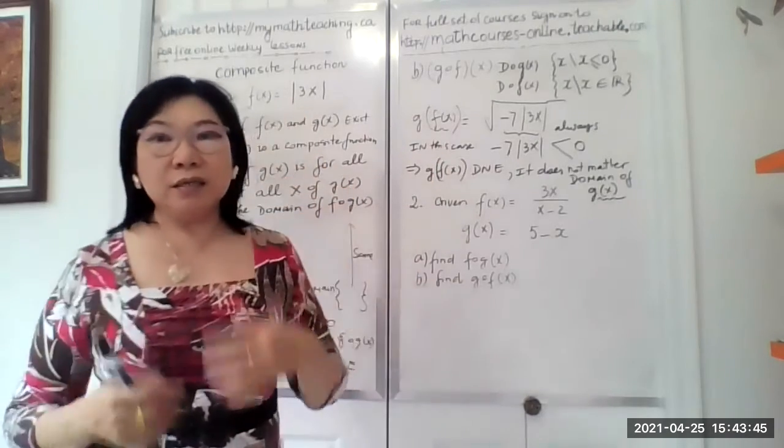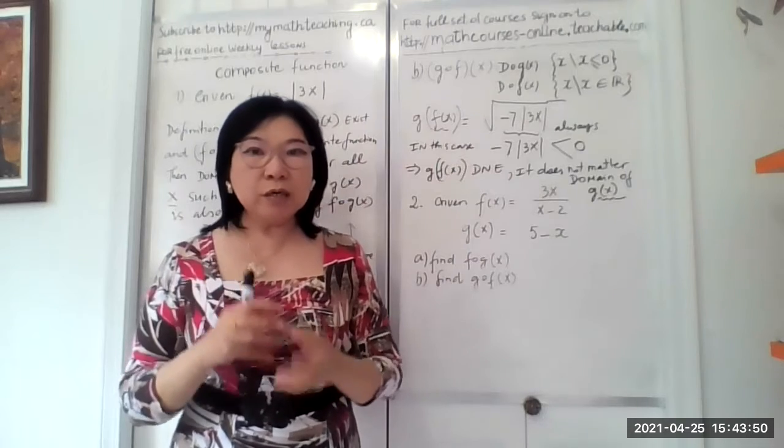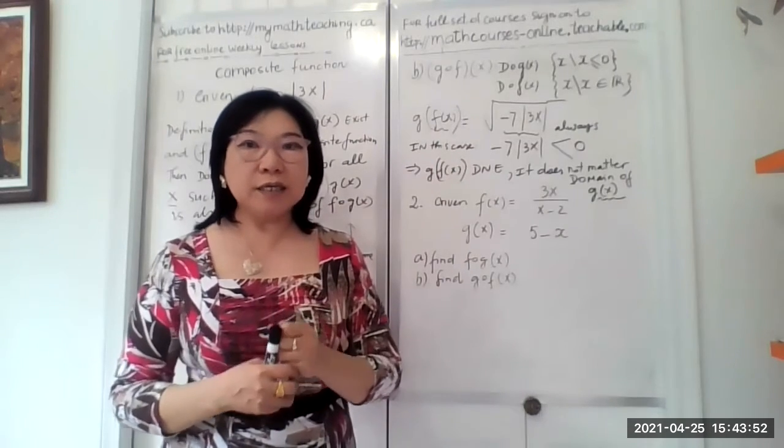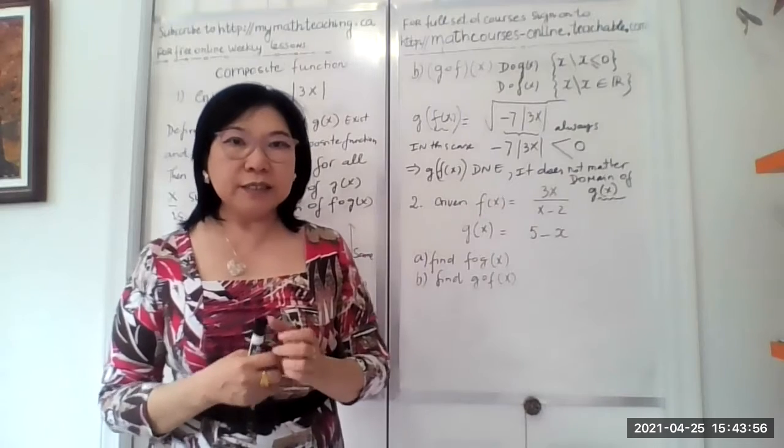So basically, the domain of the inner function is the factor that decides whether the composite function exists or not.